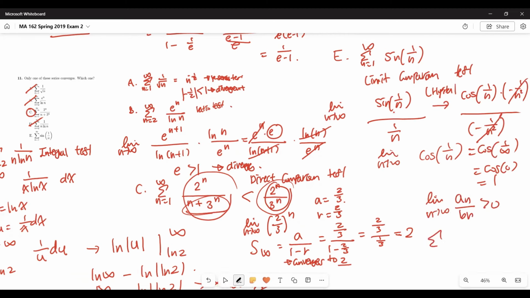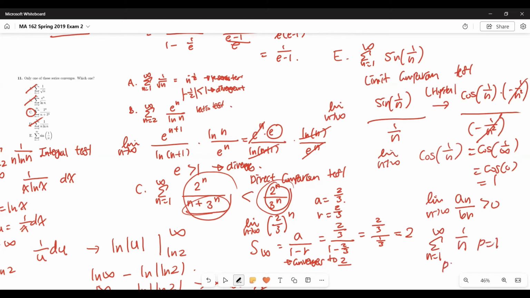But if you look at the sum from n equals 1 to infinity of 1 over n, if you look at the p-series test, 1 over n is just the p-series with p equal to 1.